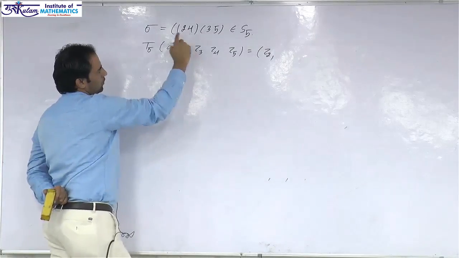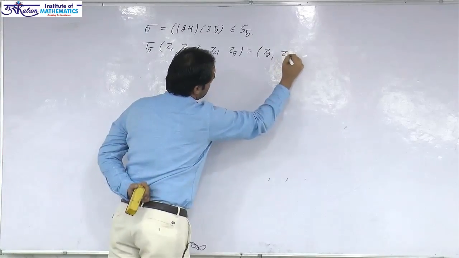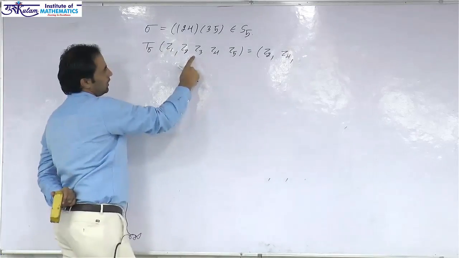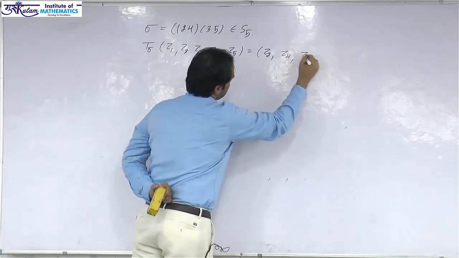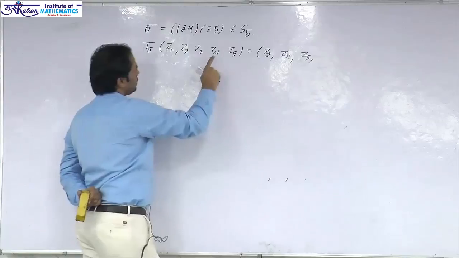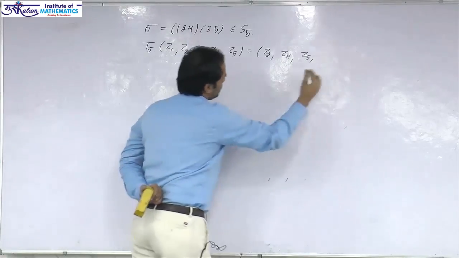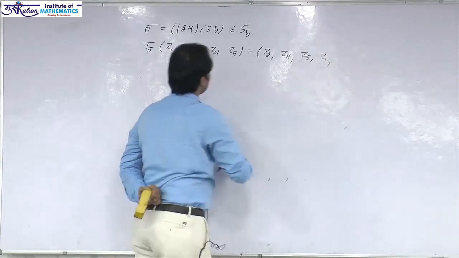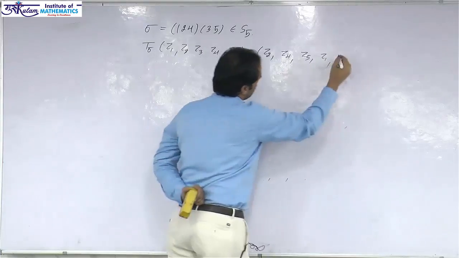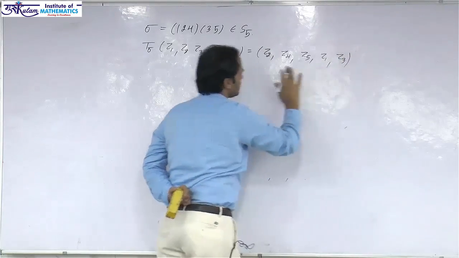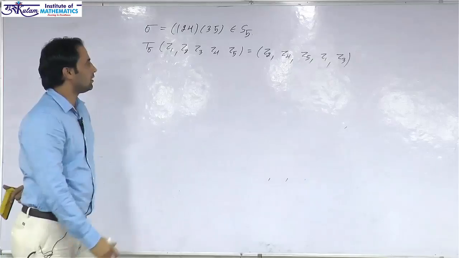The image of 2 is 4, so the second component is Z4. The image of 3 is 5, so the third component is Z5. The image of 4 is 1, so the fourth component is Z1. The image of 5 is 3, so the next component is Z3. So this is the permutation operator.